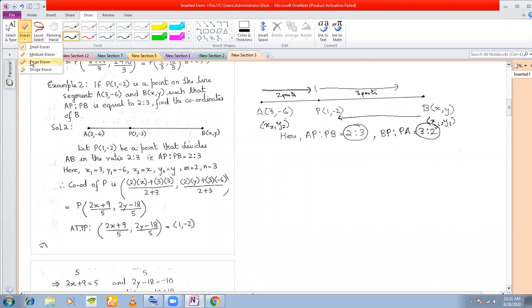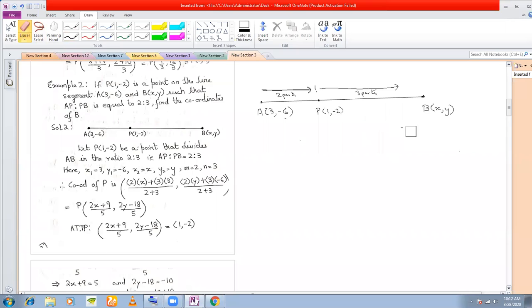Okay, so let's start from A. If we start from A, we take A as x1, y1, and this is our x2, y2. And so here we take the ratio AP is to PB is equal to 2 is to 3.